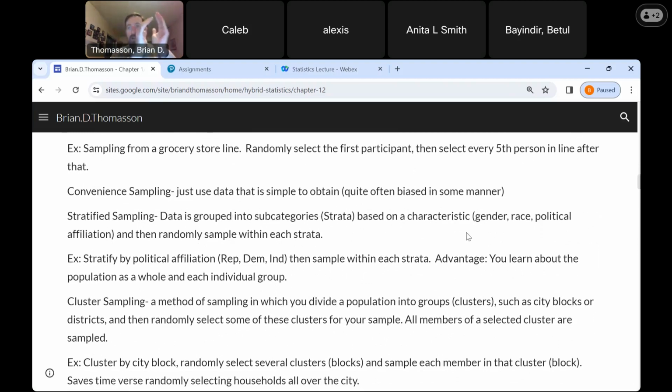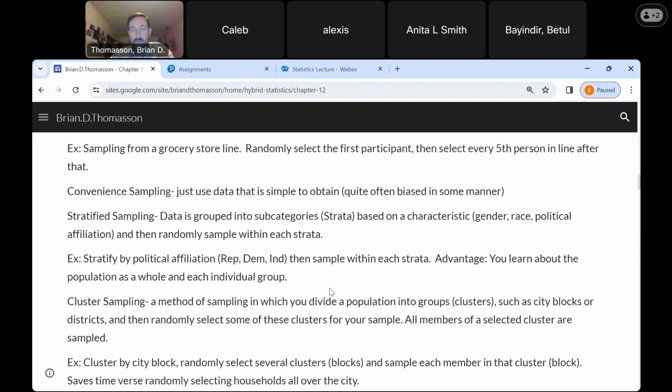Stratified data is grouped into some categories based on some characteristics, by race or by political affiliation, some kind of different group. Then we sample within each group, and we know about each individual group and can combine them.